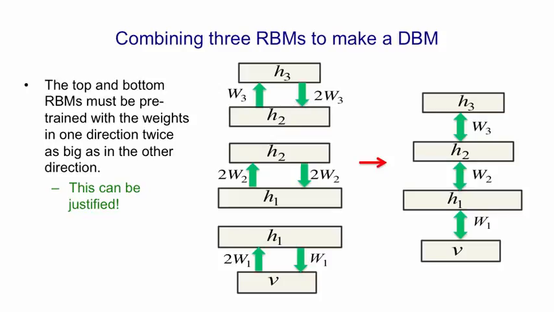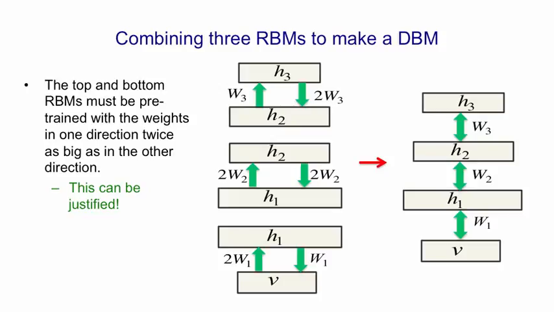When we combine these Boltzmann machines together, we're going to take an average of those two ways of inferring H1. And to take a geometric average, what we need to do is halve the weights. So we're going to use half of what the bottom-up model says, that's half of 2W1, and we're going to use half of what the top-down model says, that's half of 2W2.